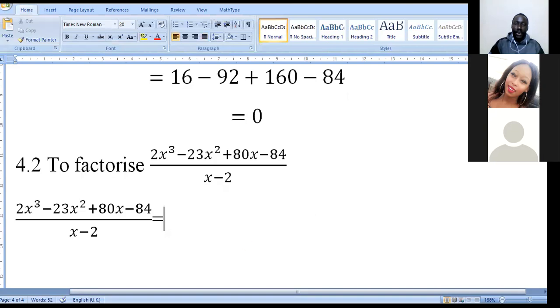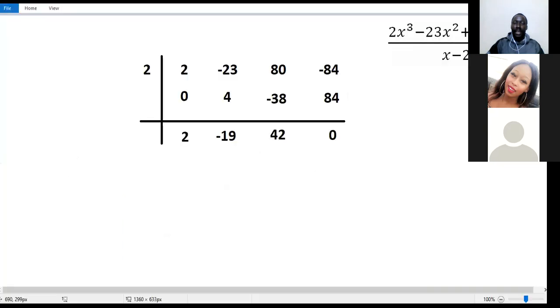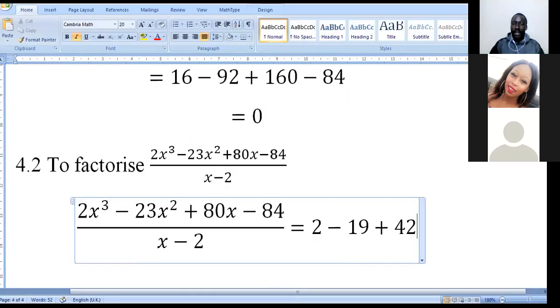Okay, so that we get what we have written here. So we have 2, negative 19, and positive 42. All right.